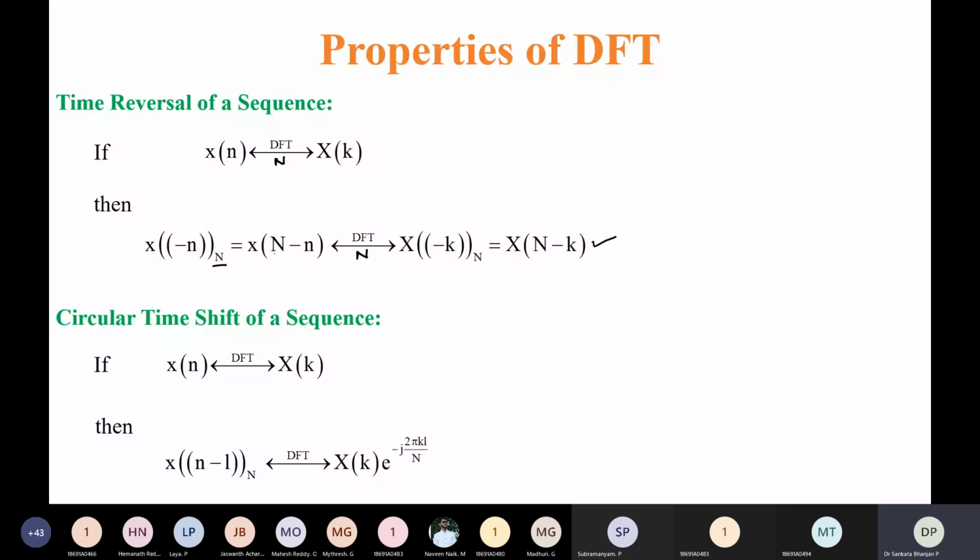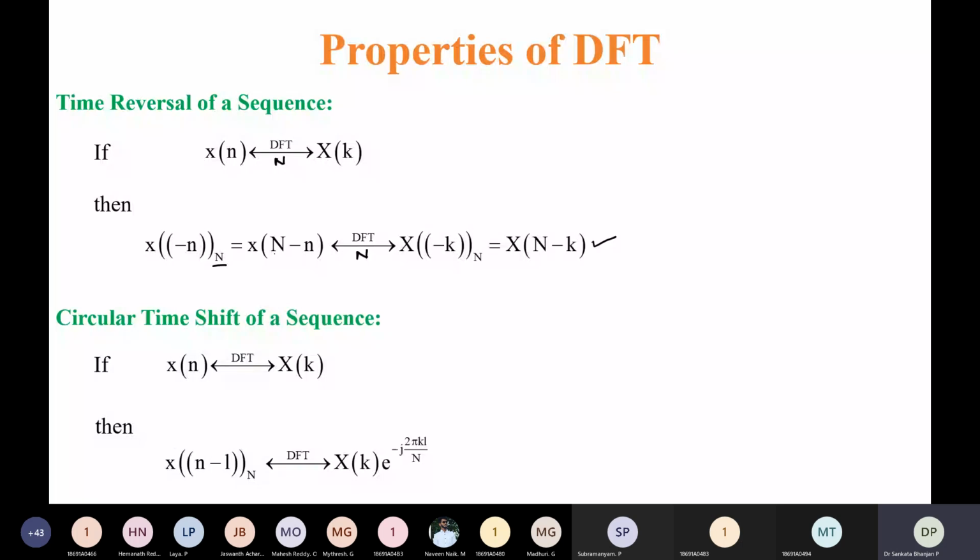So you can do the proof. Every property has a proof. So now we can do this time reversal property proof. If you are able to do it, it's very good. Otherwise I'll discuss it, no problem. But I want you to try first.